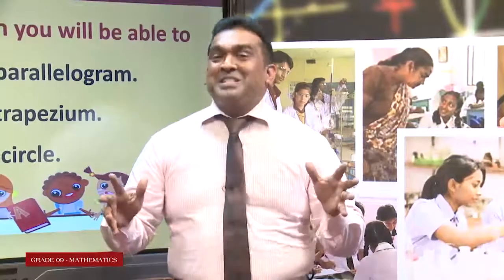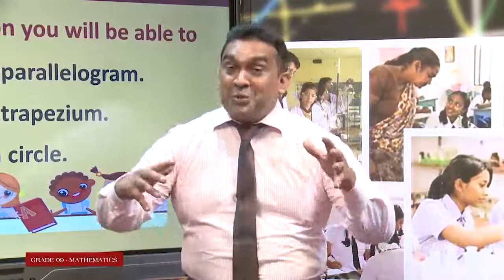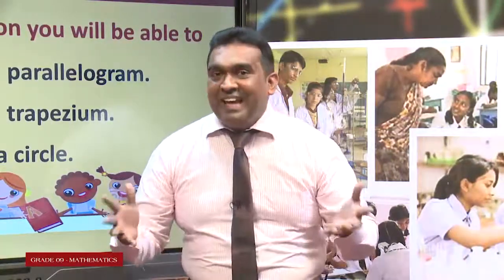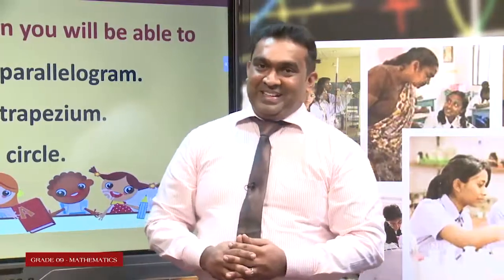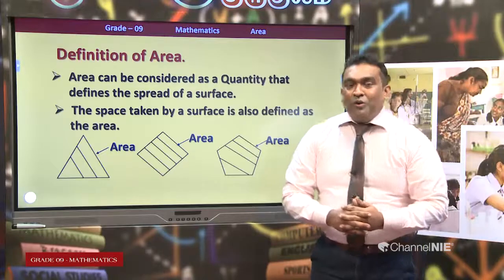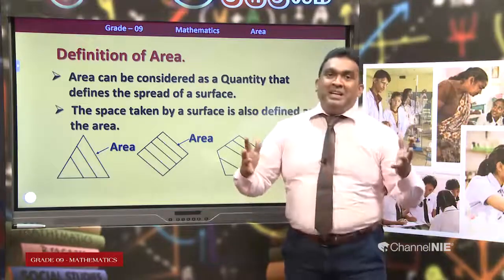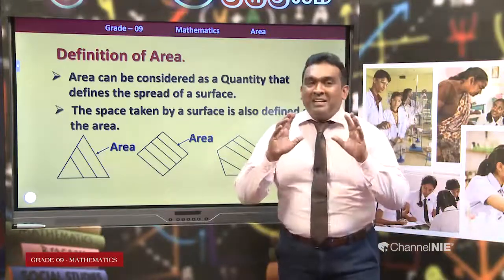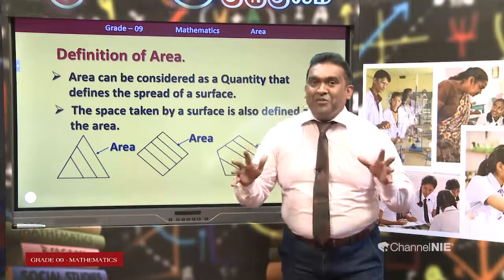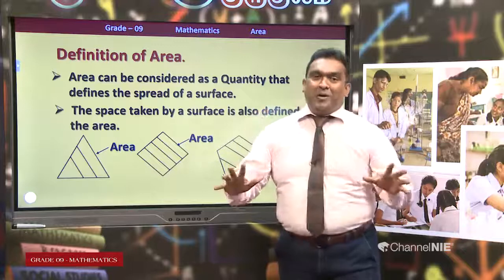Today we are going to discuss the space taken by plane figures. It means area. Now, we want to find out the mathematical meaning of area. My students, listen carefully. This is very important.